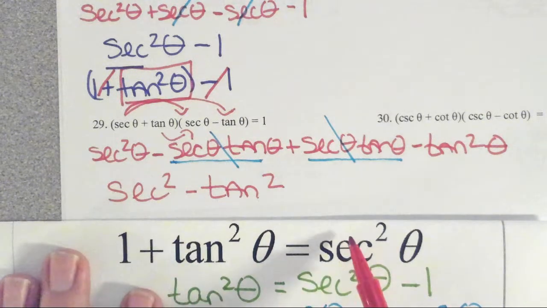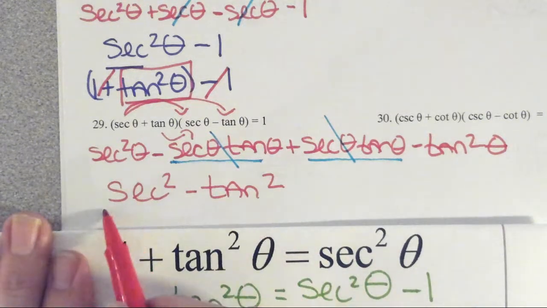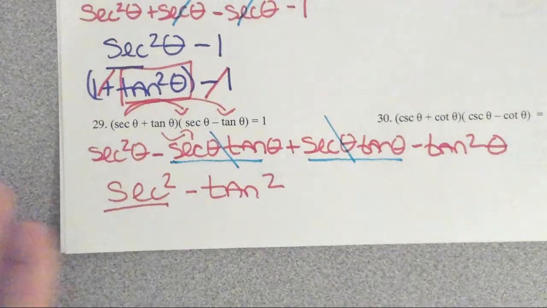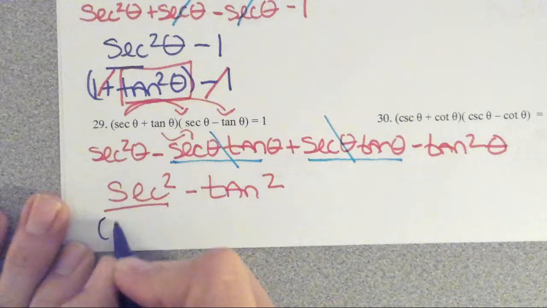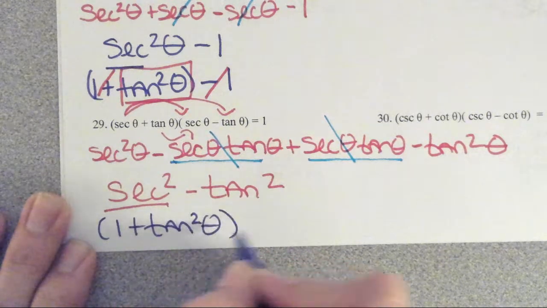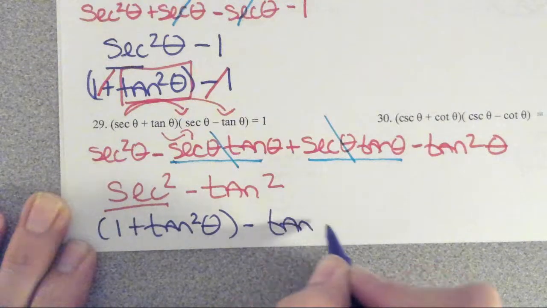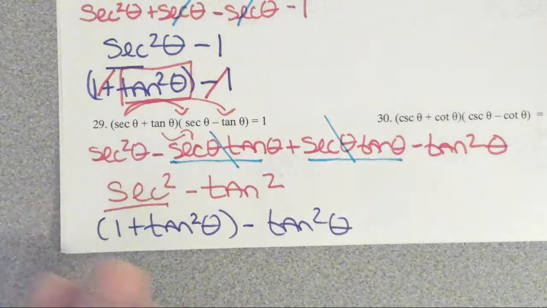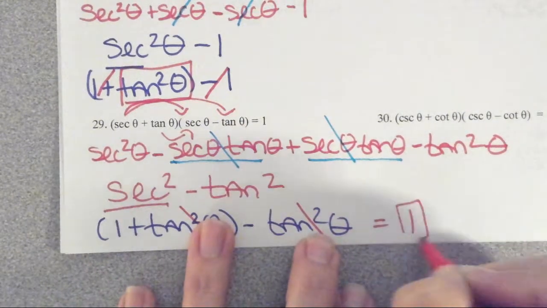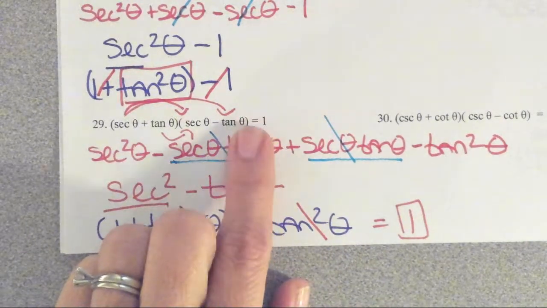So I'm going to replace secant squared with 1 plus tangent squared. All right, so I've got 1 plus tangent squared theta minus tangent squared theta. The tangent squareds will cancel out, and all I have is 1, just like they wanted me to get.